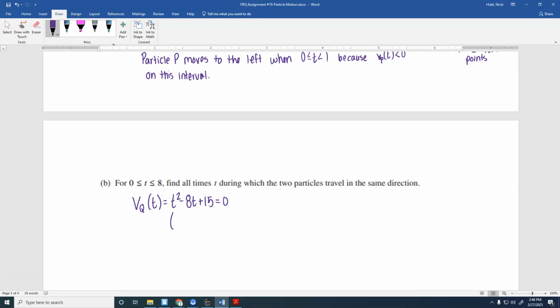Thankfully, this one will factor. We're going to get T minus 3 times T minus 5, thank you, equals 0. So we get T equals 3 and T equals 5 for our critical points.